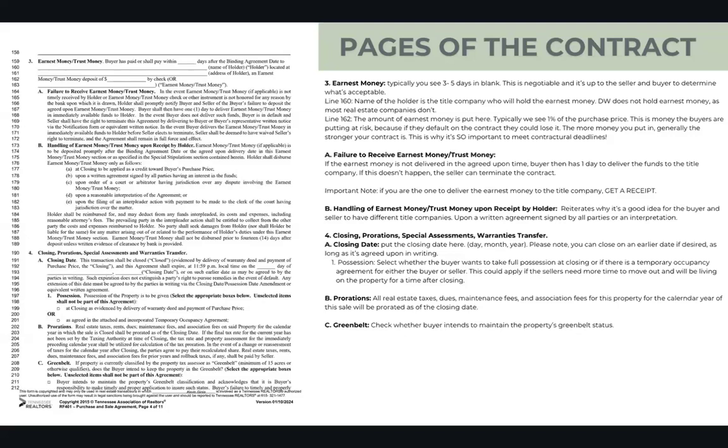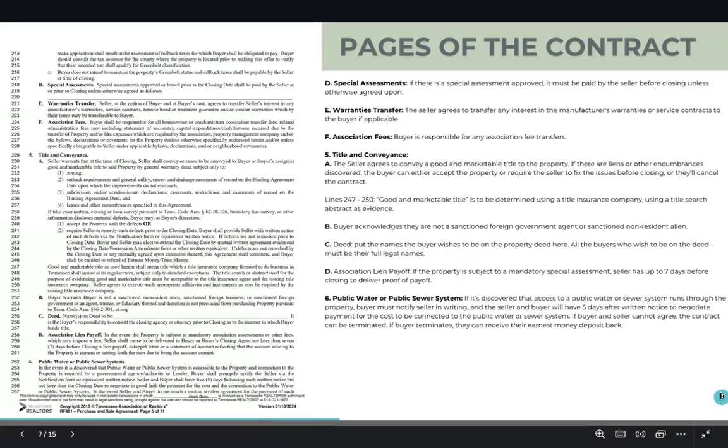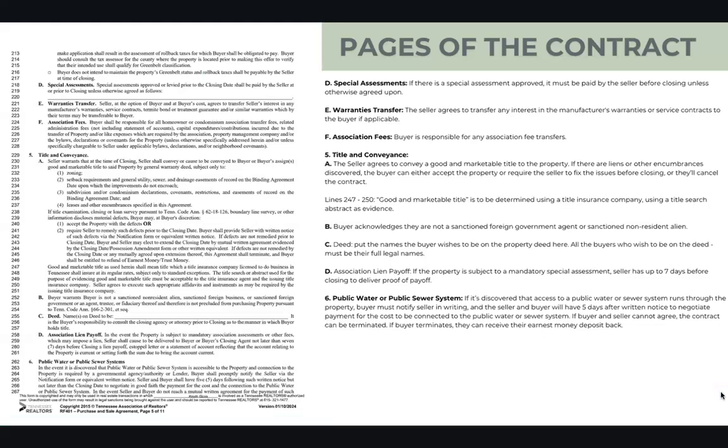Okay. And then we have green belt. So here you're going to check whether the buyer intends to maintain the property's green belt status. And D covers special assessments. If there is a special assessment approved, it must be paid by the seller before closing unless otherwise agreed upon.